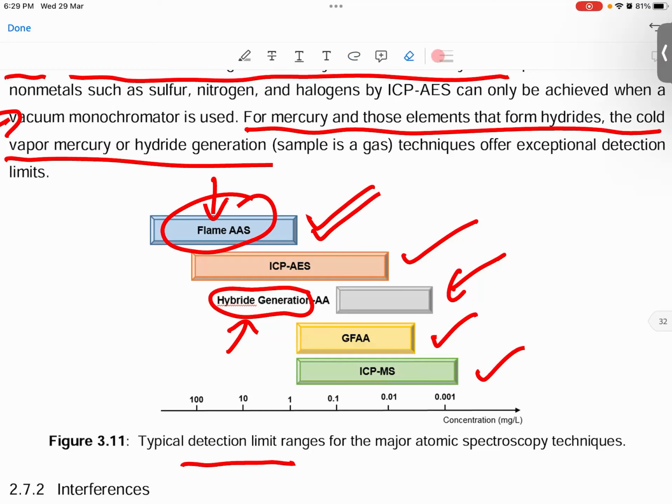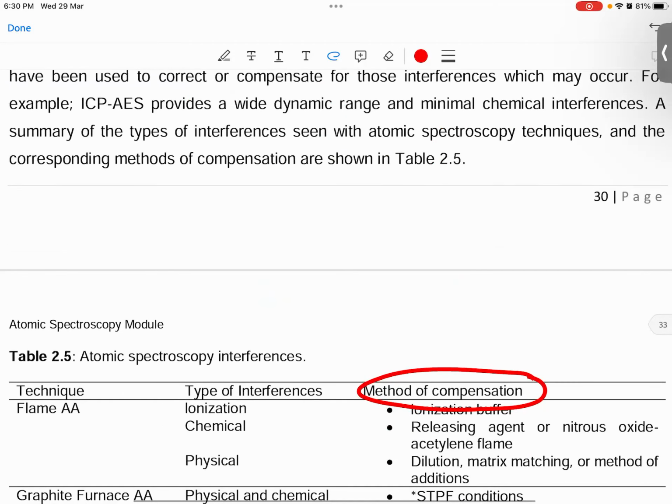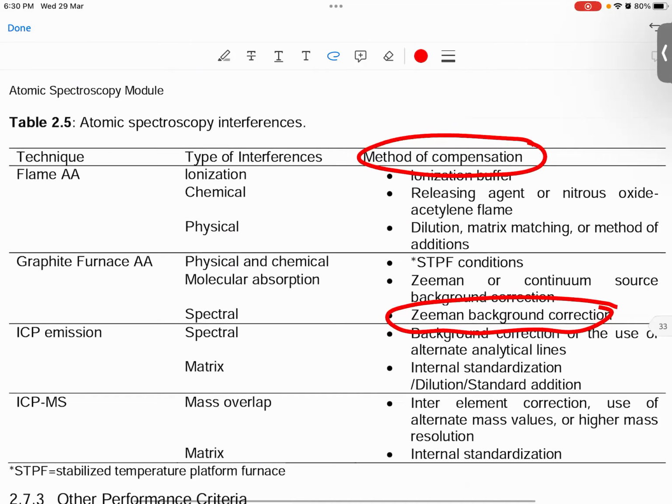I'm not going to discuss MS, because MS stands for mass spectrometer, which those of you who have taken molecular spectroscopy have discussed. This one is the most expensive, and of course much more robust because it can analyze more organic compounds compared to just metal analysis. As for interferences, it is the same as what we have discussed before.